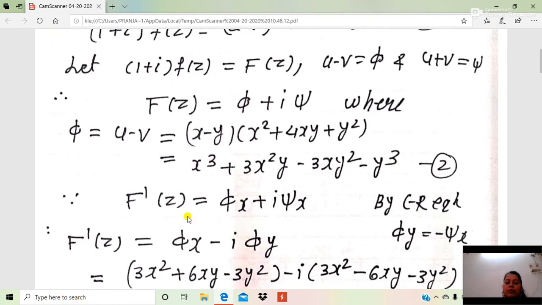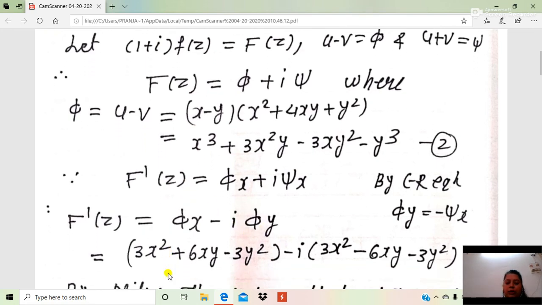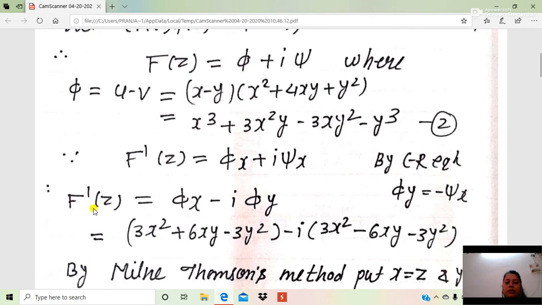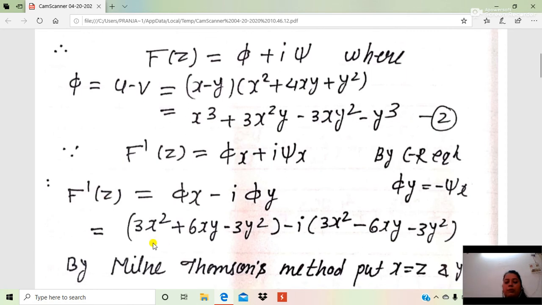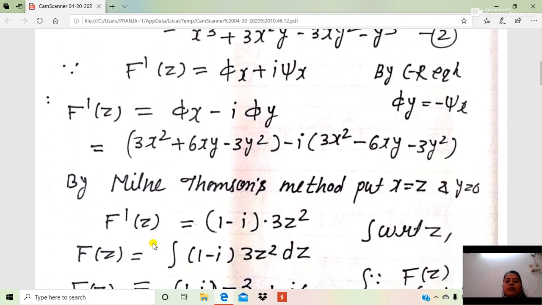After differentiating and putting the values, we have the value of f dash z in terms of x and y: 3x square plus 6xy minus 3y square minus i (3x square minus 6xy minus 3y square). But the value is in terms of x and y, so to replace it in terms of z, we have to use Milne-Thomson's method.